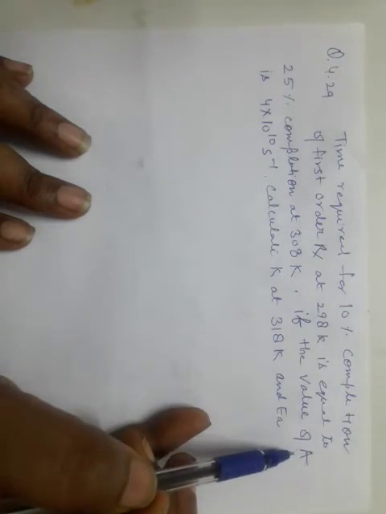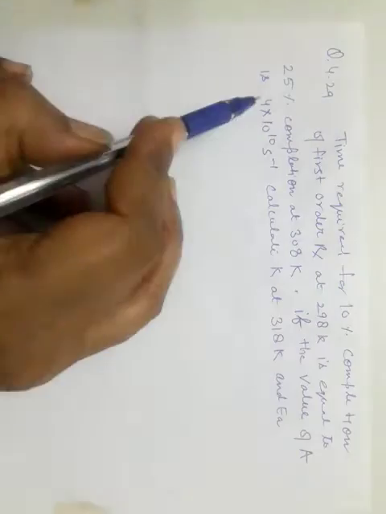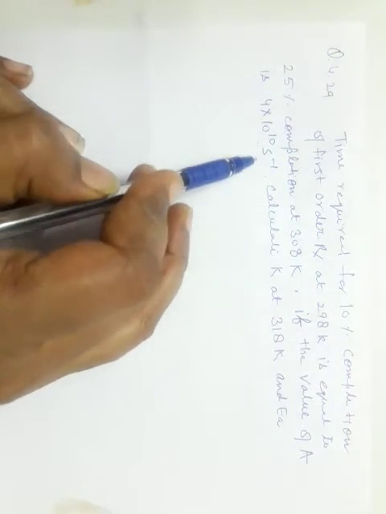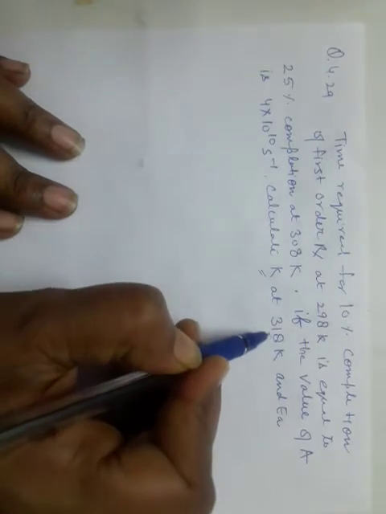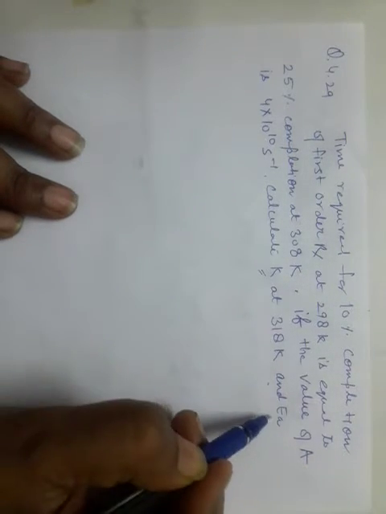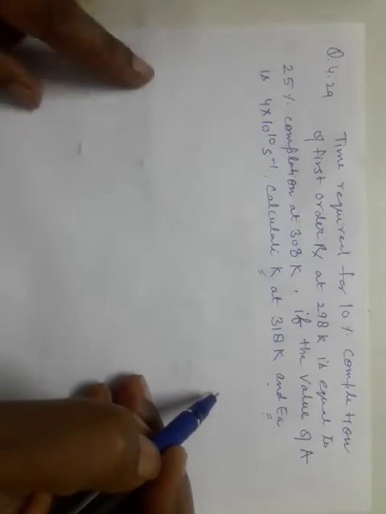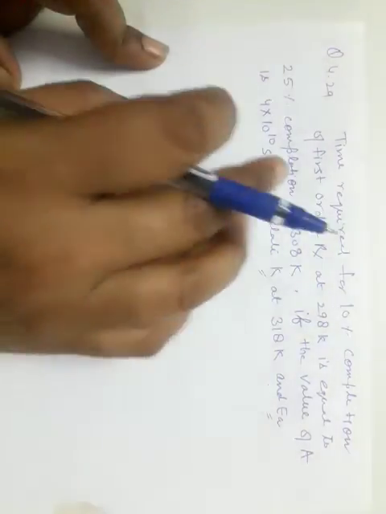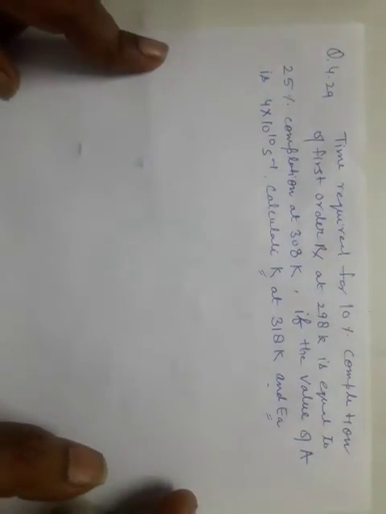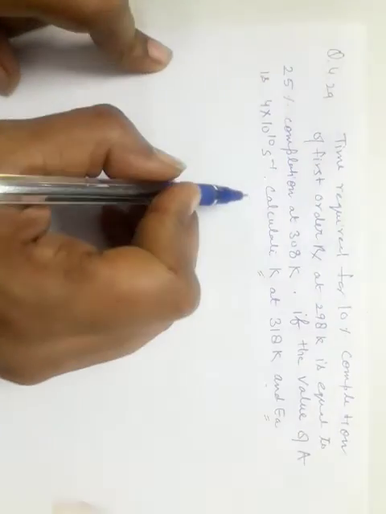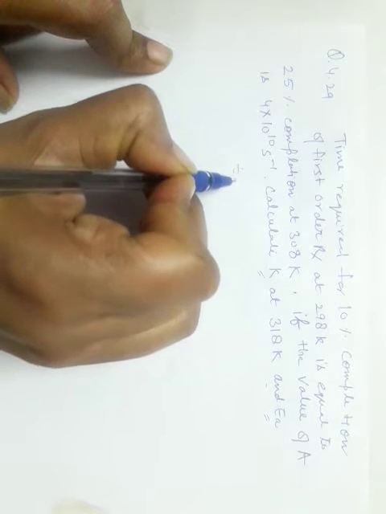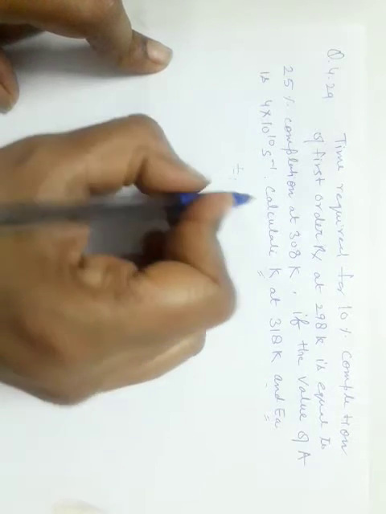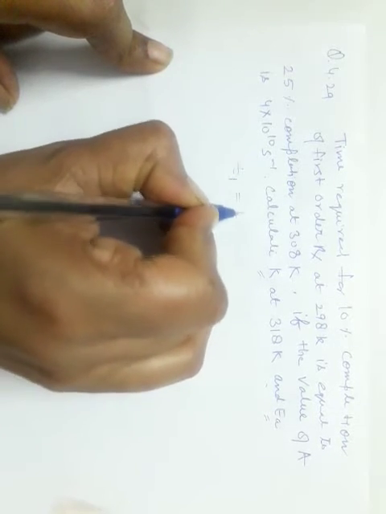If the value of Arrhenius constant is 4 into 10 to the power 10 per second, calculate the rate constant at 318 Kelvin, and in the second part calculate the activation energy. So first collect all the data given in the question. The question says that time T1 is equal to time T2.